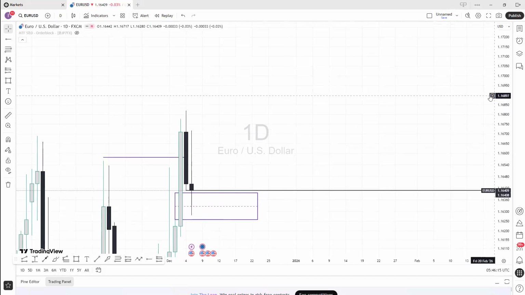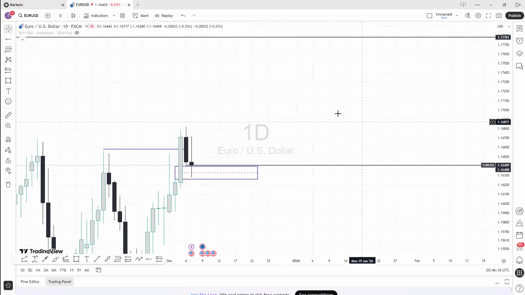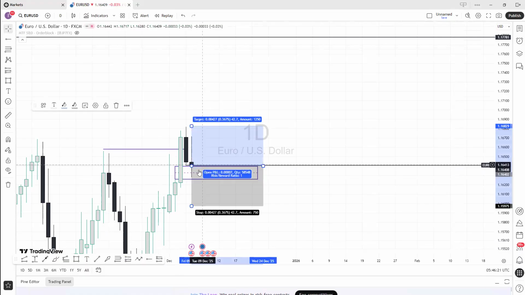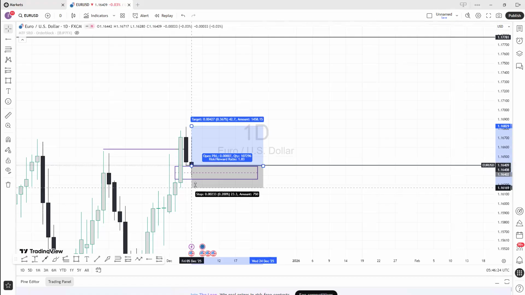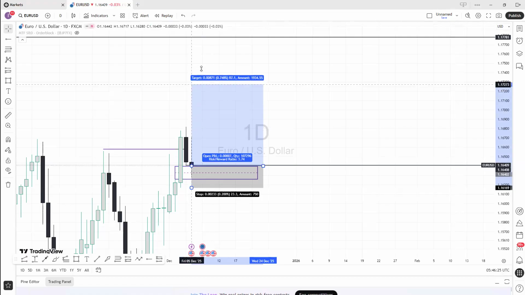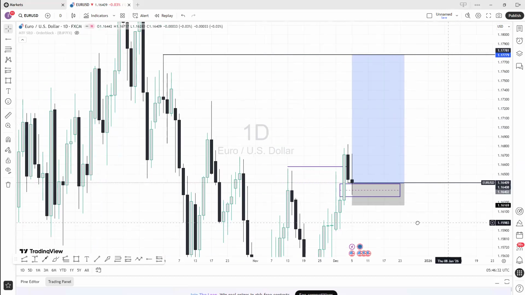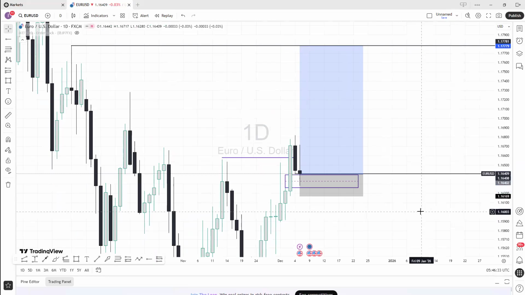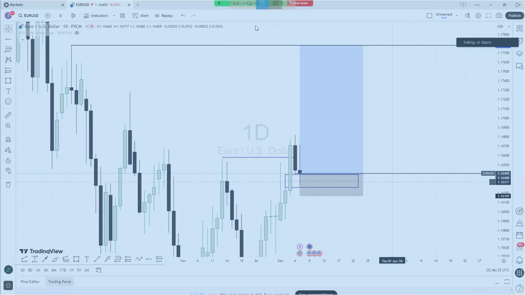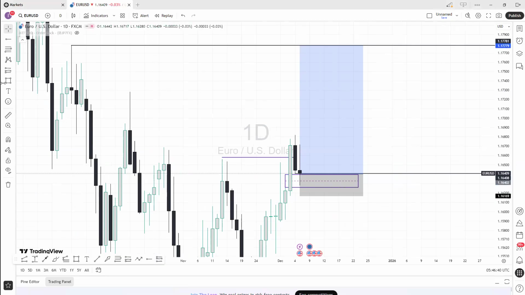So for Monday, we have to find buys directly. That will be your swing entry on the daily time frame on Euro USD.